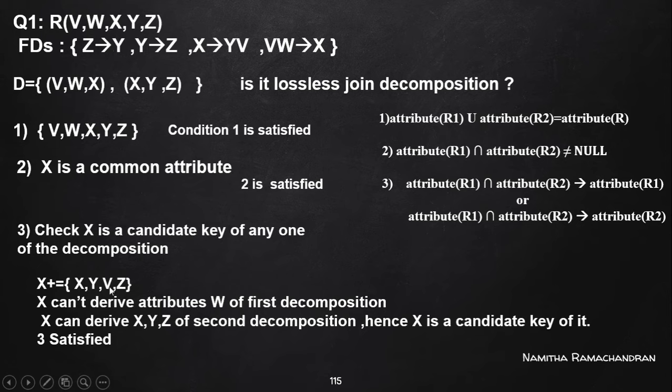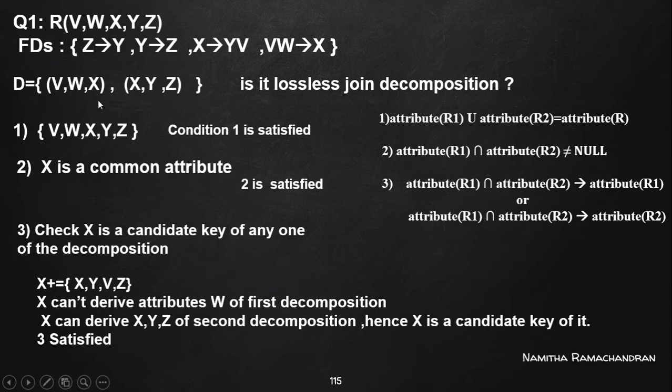In this closure set, V is present, which means X can derive the value of attribute V. But W is not present in this closure, which means using the value of X alone we can't derive the value of W here. So X is not a candidate key of this particular decomposition.